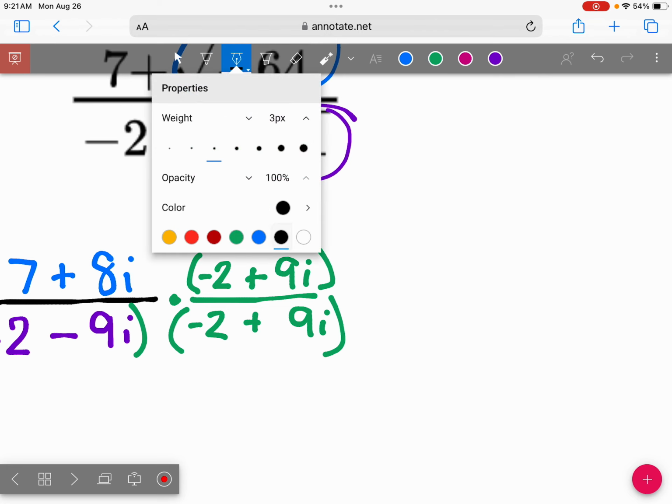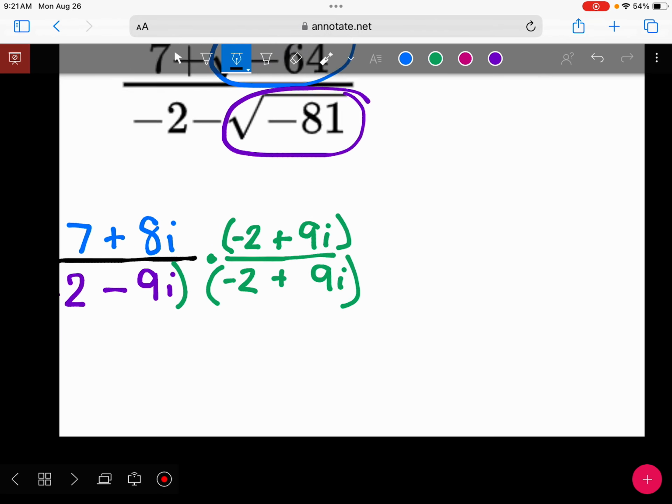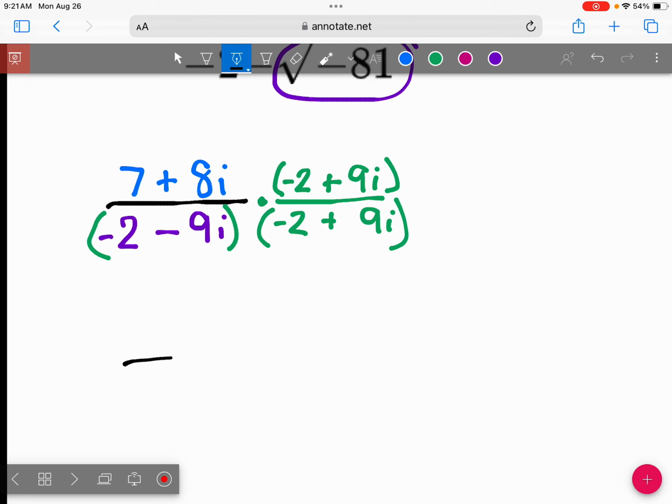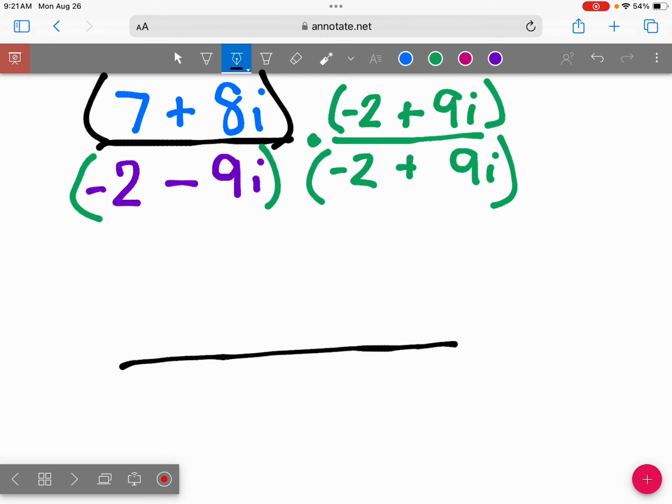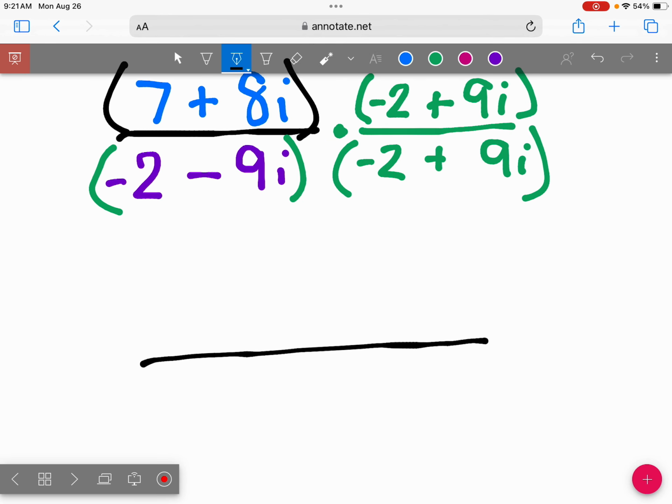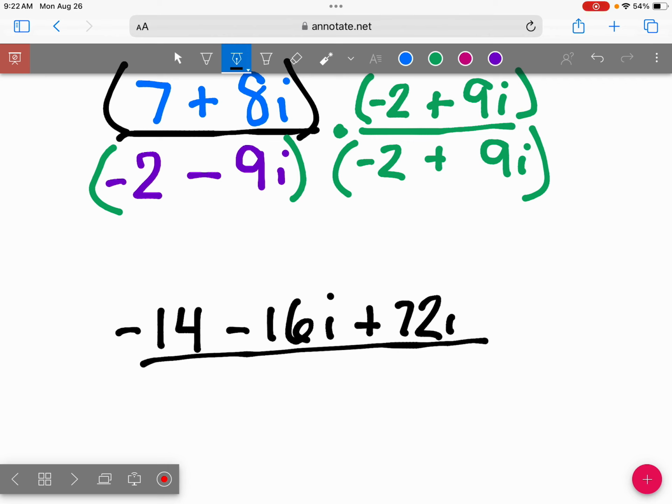So we're going to multiply this out. Our numerator, we need to multiply these two pieces together. This is where we get our double distribution. 7 times negative 2 gives me negative 14 minus 16i plus 72i squared.